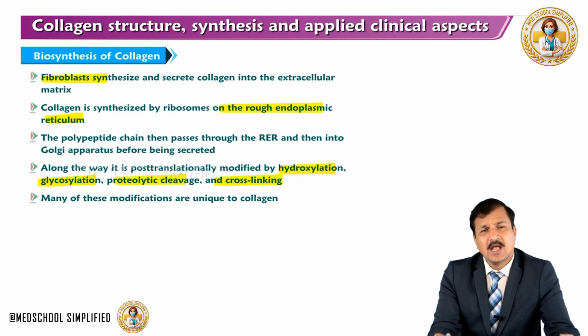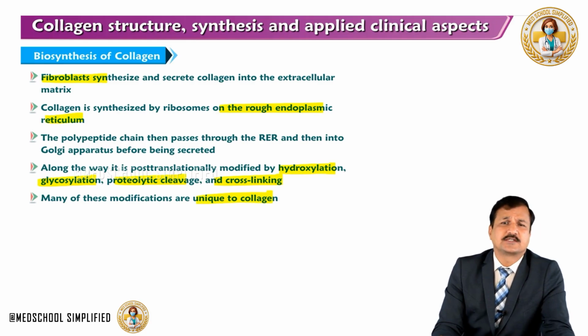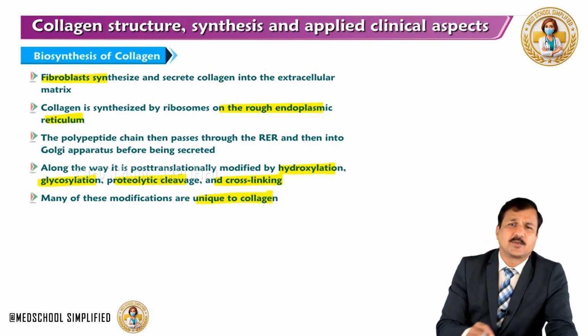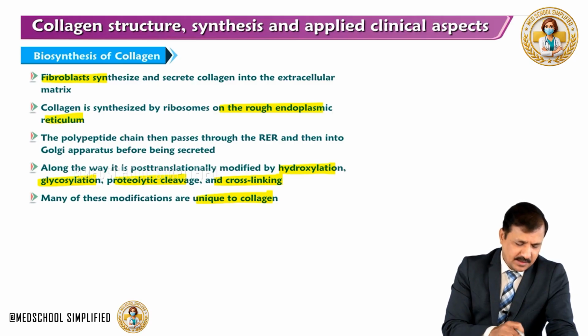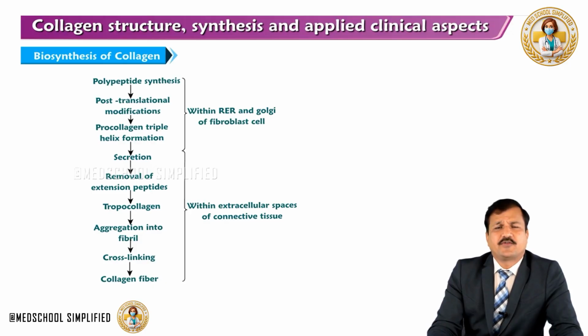Many of these modifications are very unique to collagen and not seen in other proteins in the body. This slide gives you an overview of collagen biosynthesis and the subcellular locations for each step.